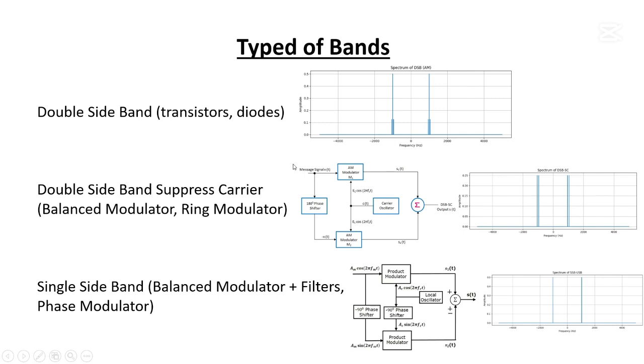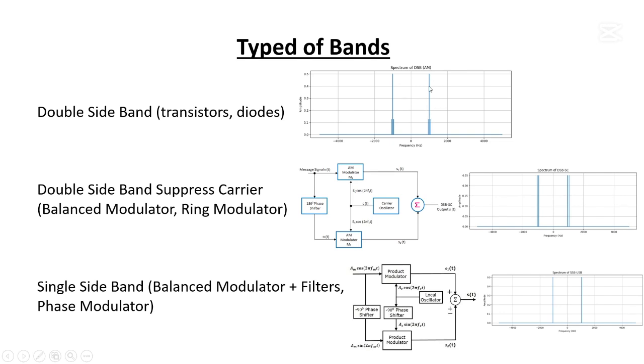Now in some cases we cancel this carrier signal because it contains no information. All the information is stored in the upper sideband or in the lower sideband. This carrier signal contains no message.